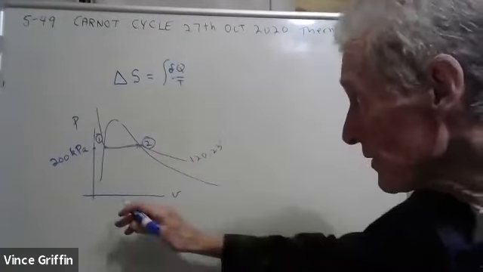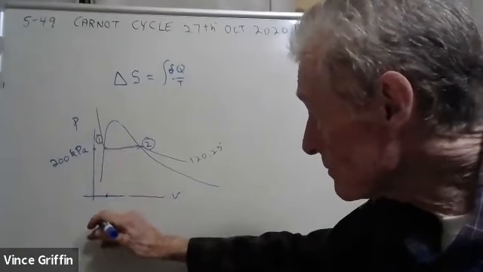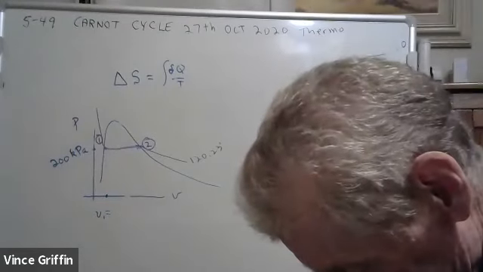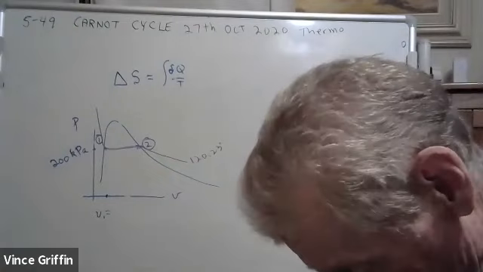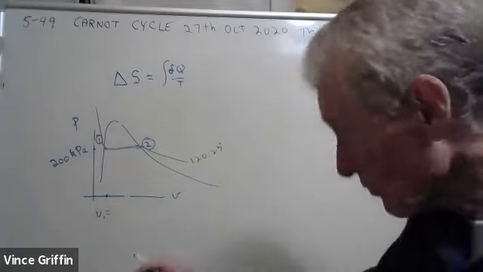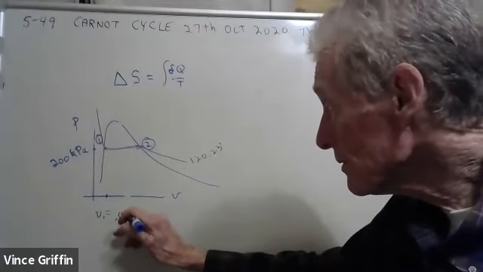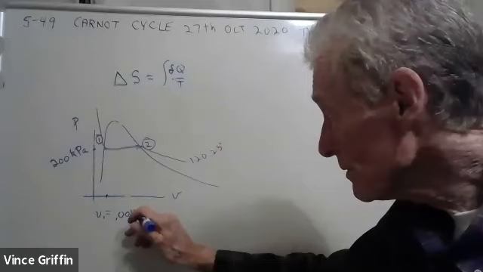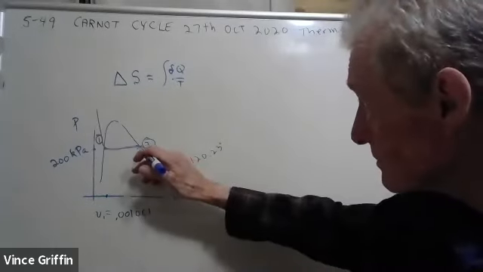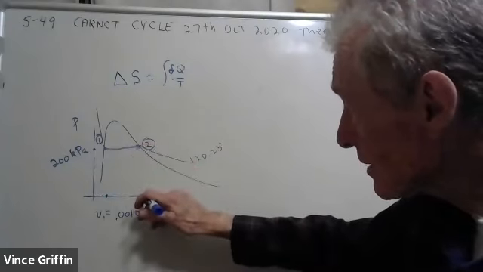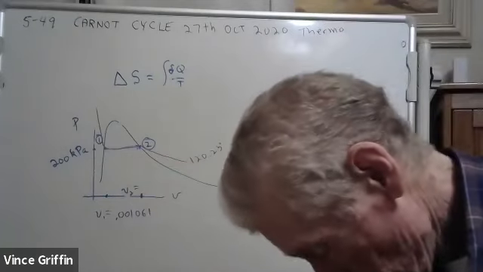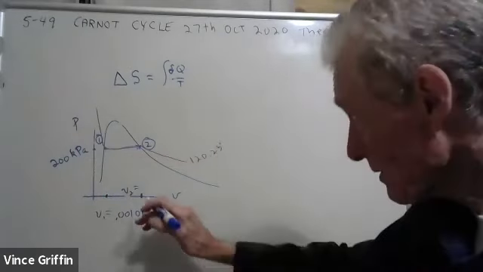And we're going to put some values here. State 1, V1 is, we want 200 kilopascal. There it is. It's 0.001061. So see if you can find that. And then state 2, here's state 2. V2 is 0.88573.